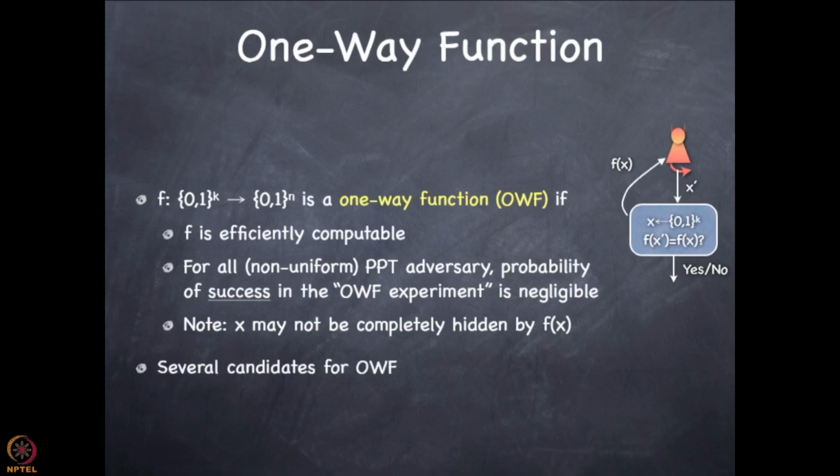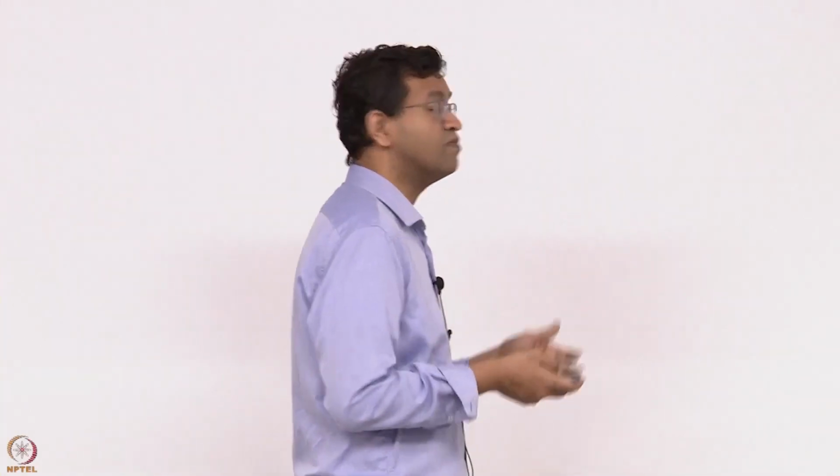A very simple definition. There are several candidates for one-way functions based on number theoretic things like factorization. So multiplication would be the function f, and trying to invert f would be to factorize it into, say, two prime factors.